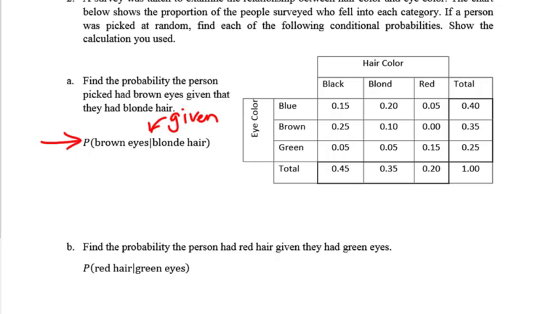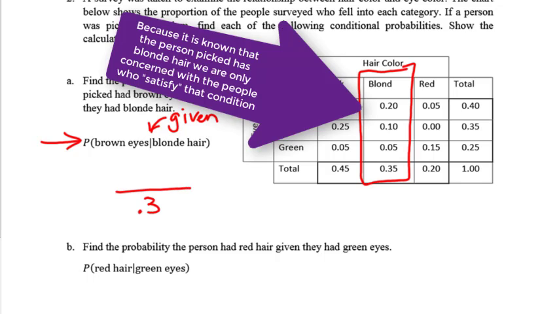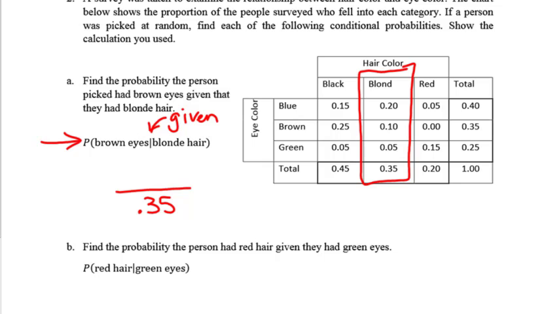So we're going to focus on the blonde hair column. That's our denominator total. We said in class that the 0.35 for blonde hair, whatever's after the given or such that line, becomes the denominator. Now in only this column, how many of those people chosen have brown eyes?